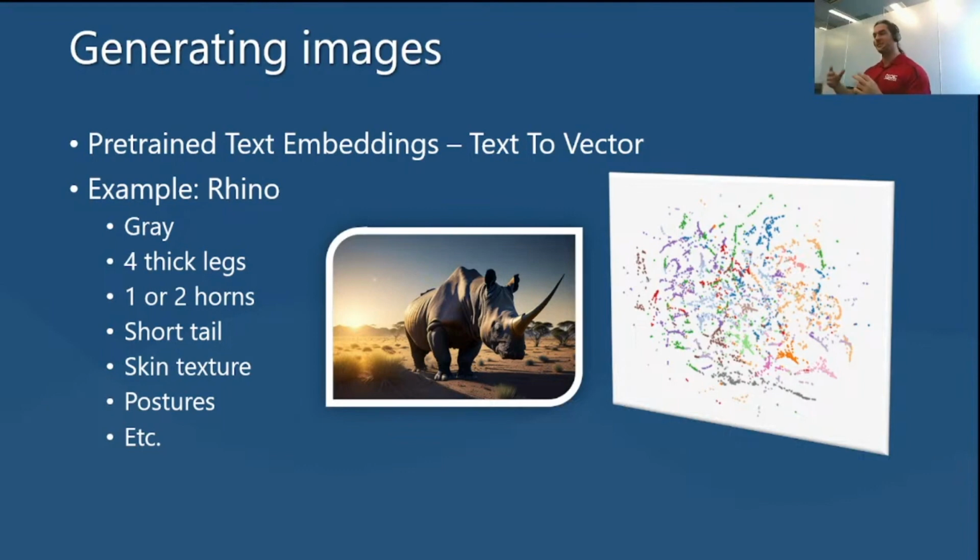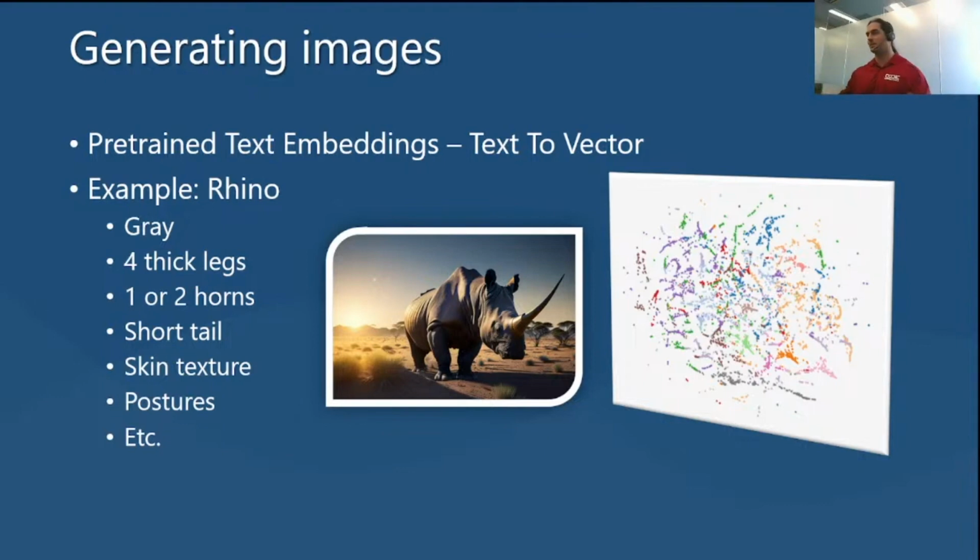It's a two-dimensional, sometimes three-dimensional space. If we have a rhino, it has certain characteristics: it's probably gray, it possibly has 4 thick legs, 1 or 2 horns, a short tail, a very specific skin texture, and specific postures it stands in. It can't stand on 2 legs, for instance.